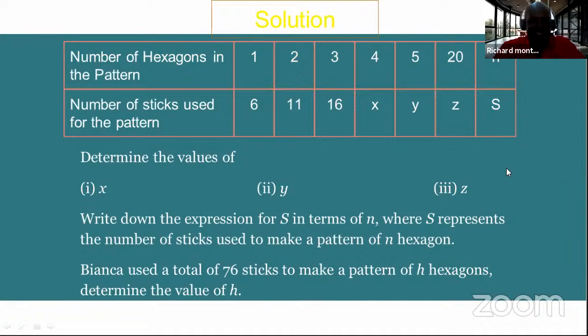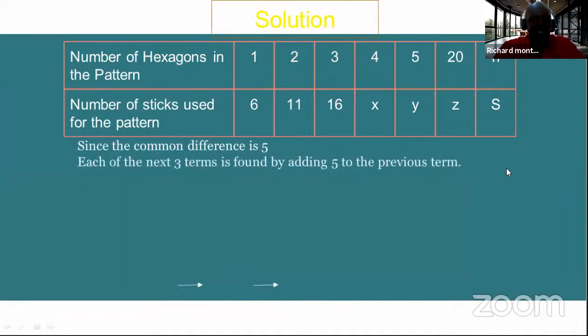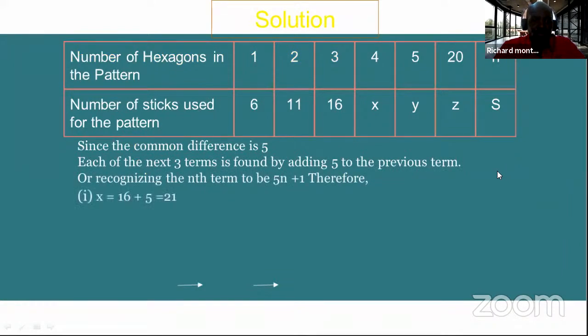All right, since we recognize that we have a common difference of 5, and we'll be generating the nth term to be 5n plus 1, we would then be getting that our x would be 16 plus 5, our y would be 21 plus 5, and our z would be 5 times 20 plus 1. So we'd be ending up with 101. So those would be the answers for 1, 2, and 3.